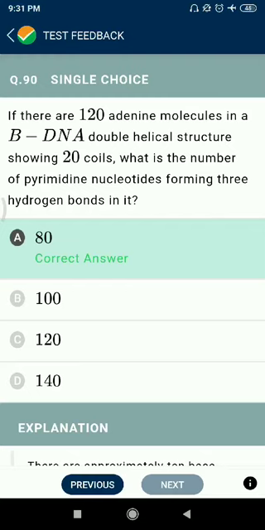Question 90. If there are 120 adenine molecules in B-DNA, double helical structure, with coils, what is the number of pyrimidine nucleotides forming three hydrogen bonds in it?